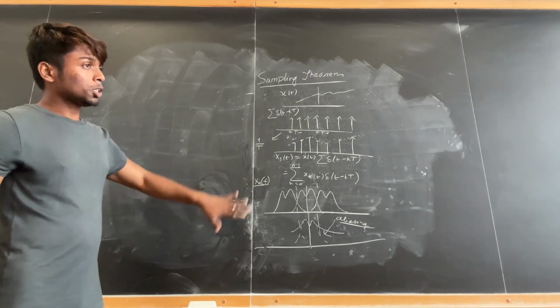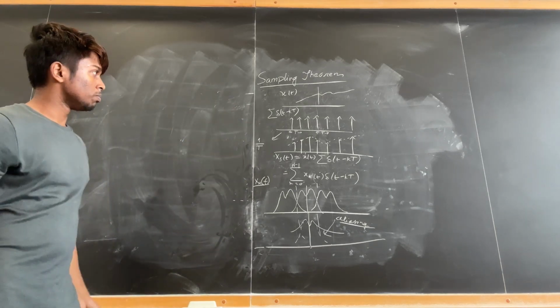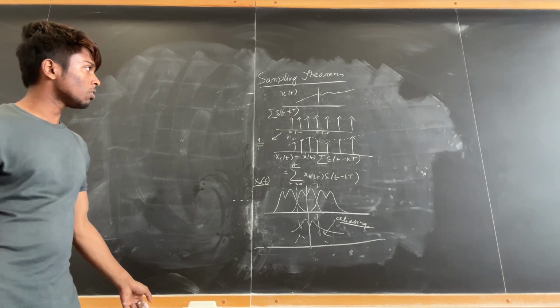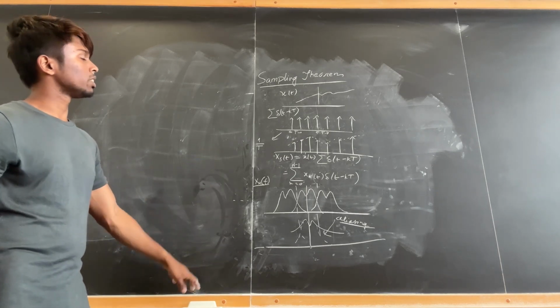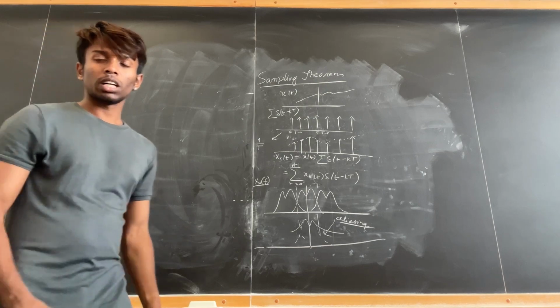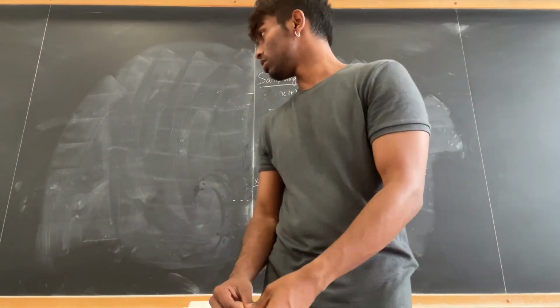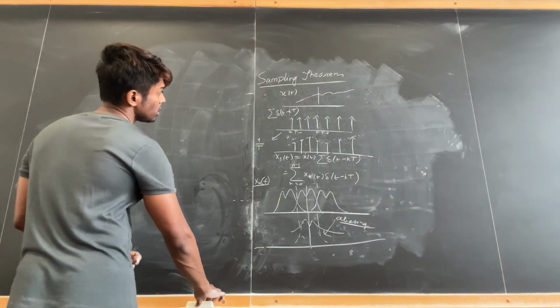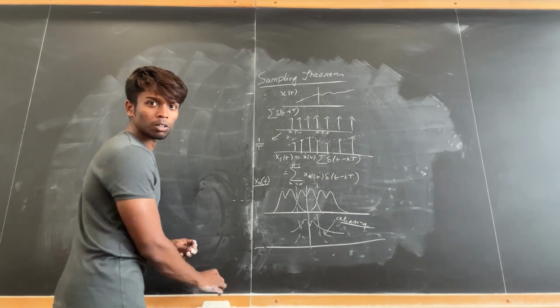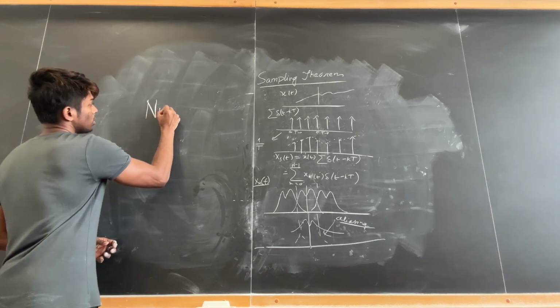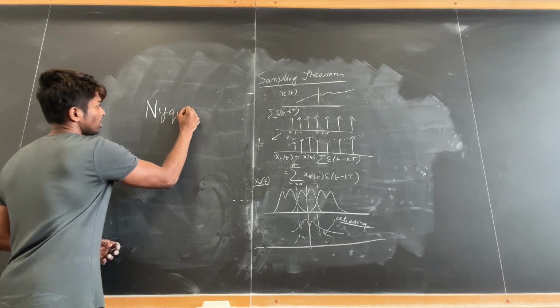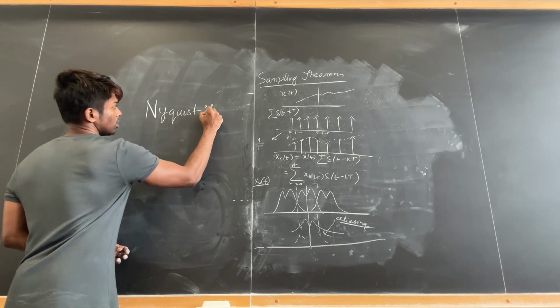So the sampling should be done at a particular minimum frequency which shall be greater than the highest frequency component of the input signal, and that comes from the idea of the Nyquist theorem. So that is the Nyquist theorem. If I write it down here, okay, Nyquist theorem.